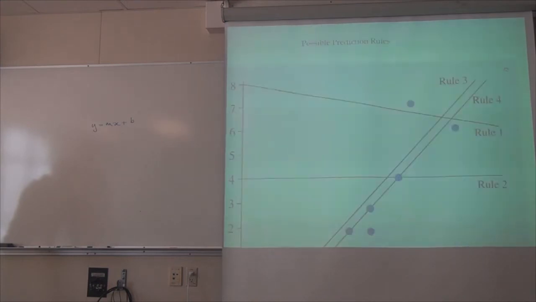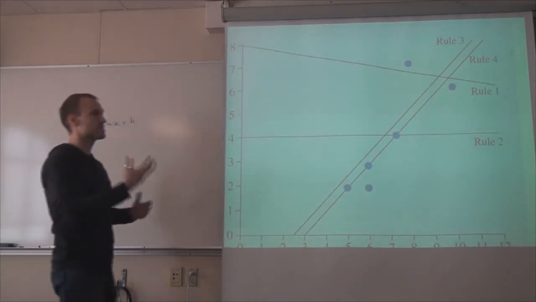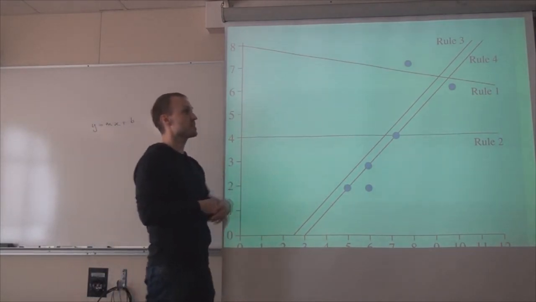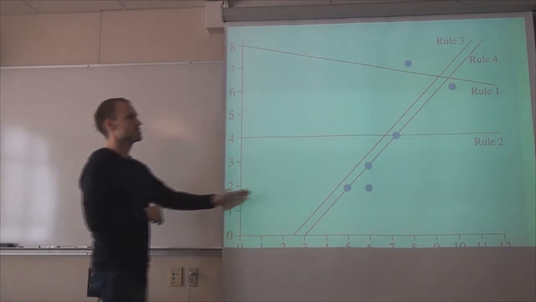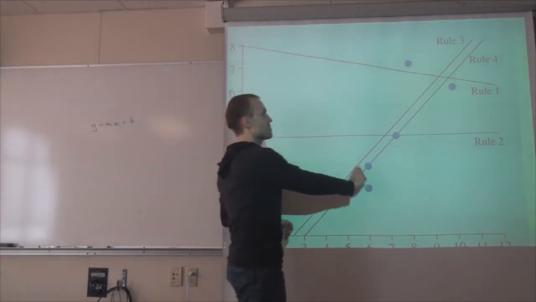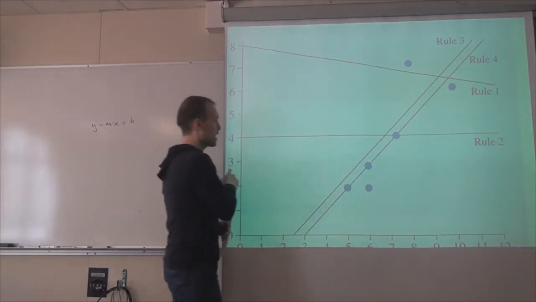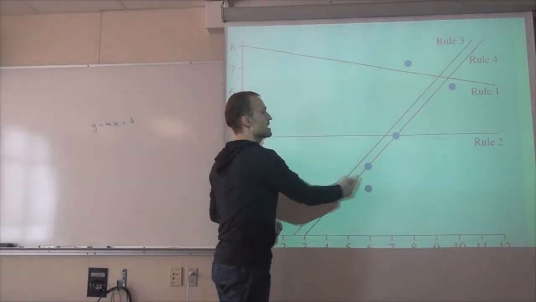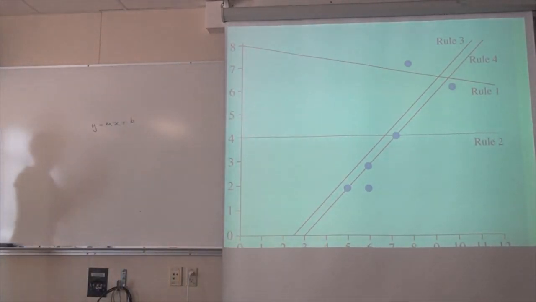It doesn't mean that it's going to be perfect. I don't expect, if I now sample more people, that they sit on any of these specific lines, even the best one. They're just going to hover around it. And the errors that I'm making between my prediction, the y value for the line, and the actual values that I'll observe, is overall going to be minimized.